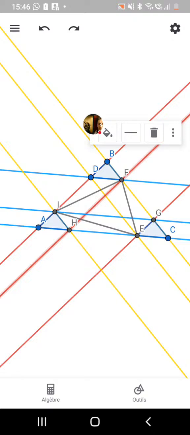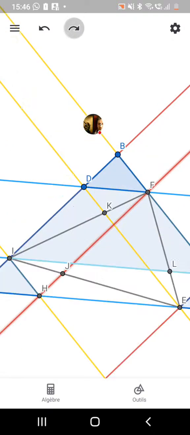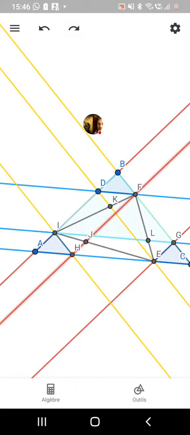It is cutting the side of the triangle EIF in J. What is the ratio? The ratio is the same as the ratio between those two lines and those two lines, and it is also the ratio between those two lines and those two lines.